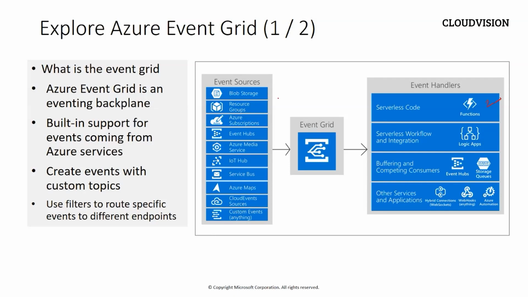So whenever an event occurs, it will go to the event grid topic, and here the subscriptions tell which service is interested in which event. It might be possible that for one event, multiple services are interested. So event grid has topics, where we can create subscription 1, subscription 2, subscription 3.